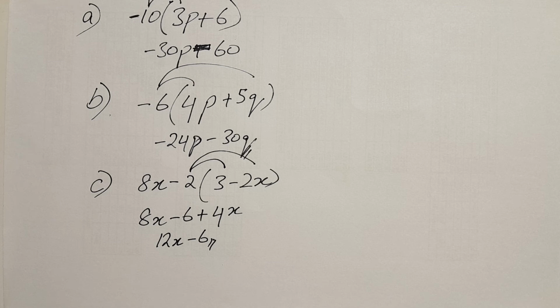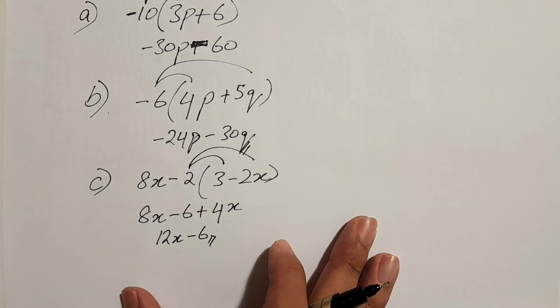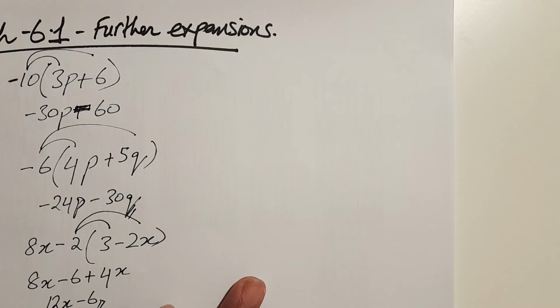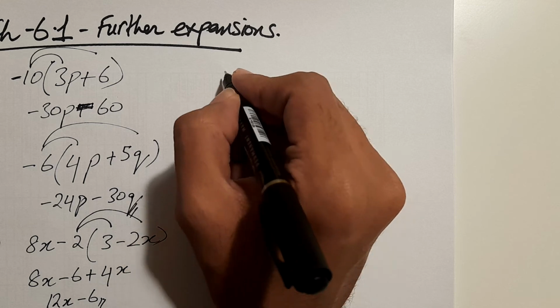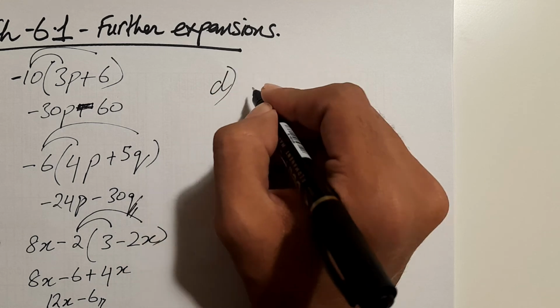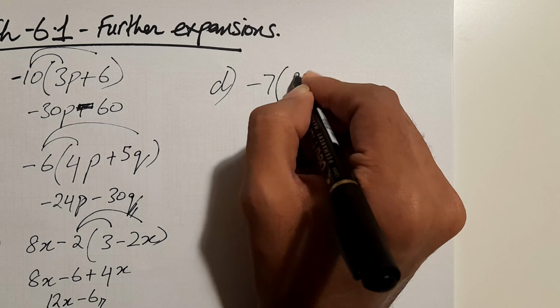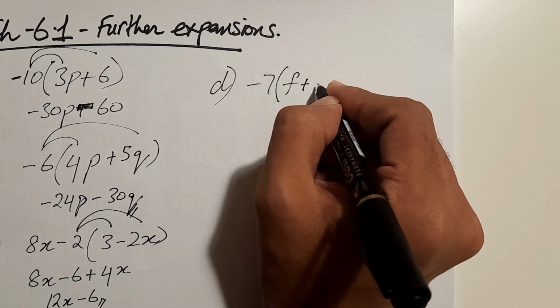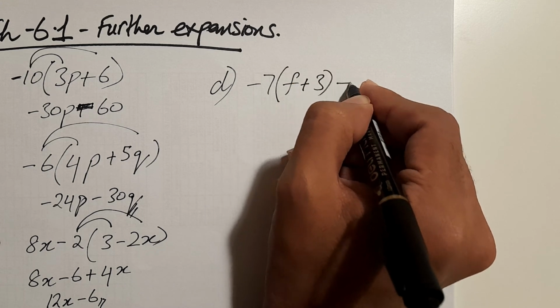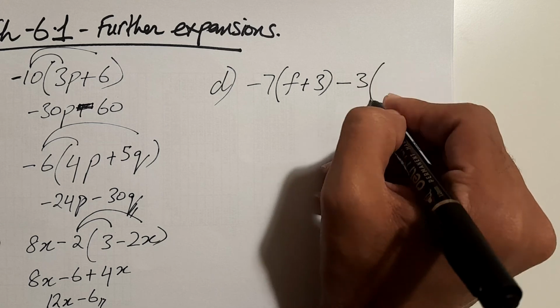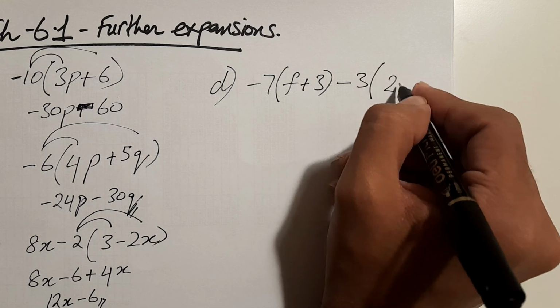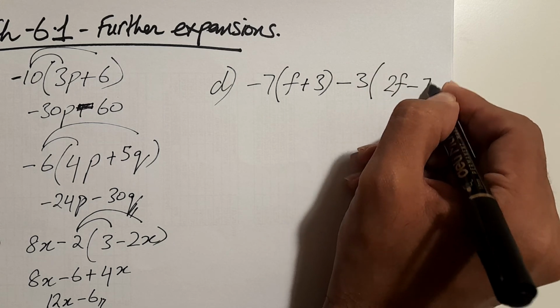Then another example for this is if we have minus 7f plus 3 minus 2f minus 7.